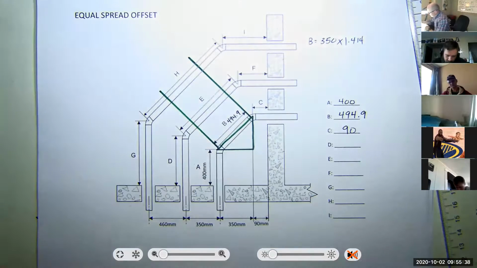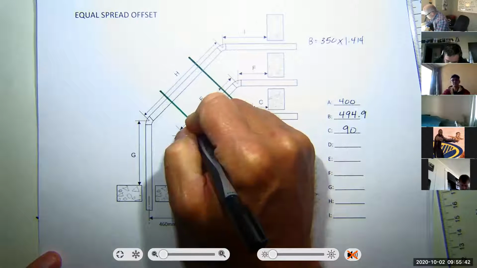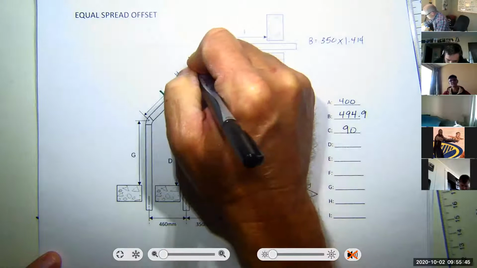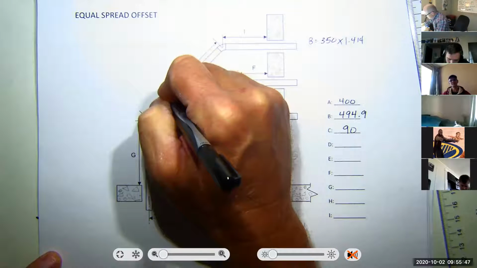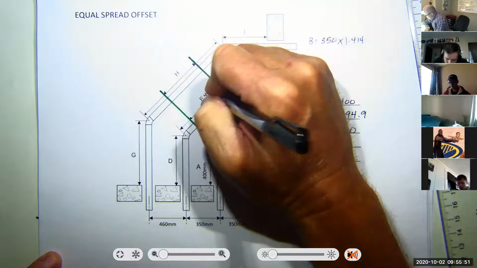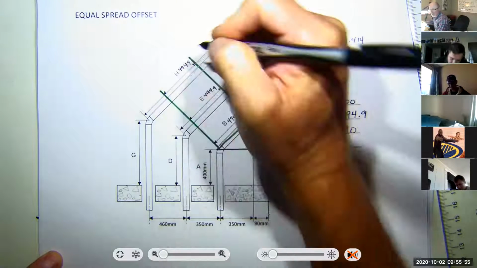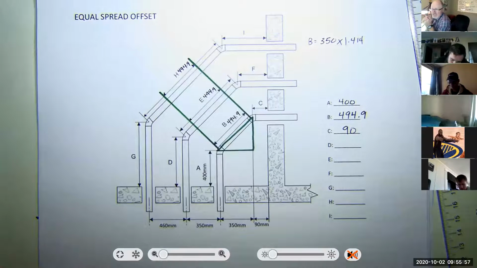So in between this line and this line is 494.9. See how I extended that measurement through the equal spread offset.